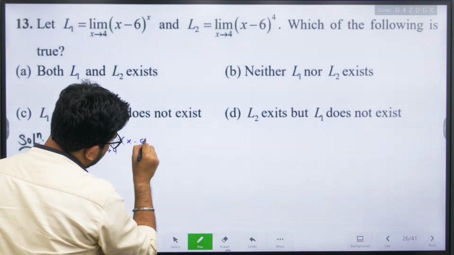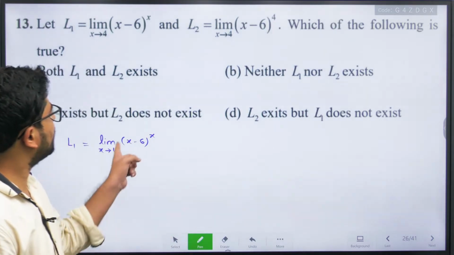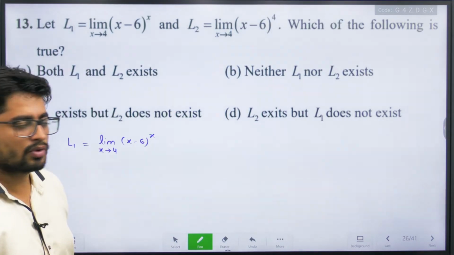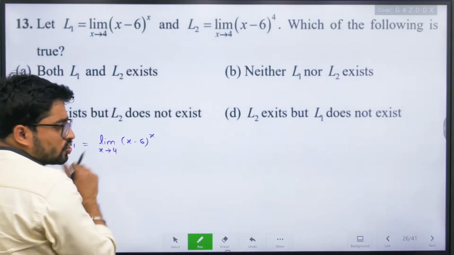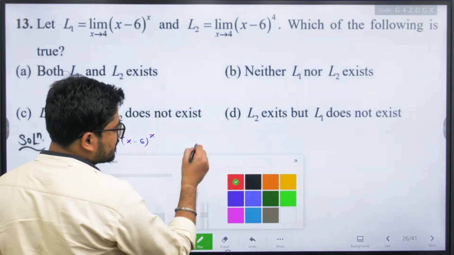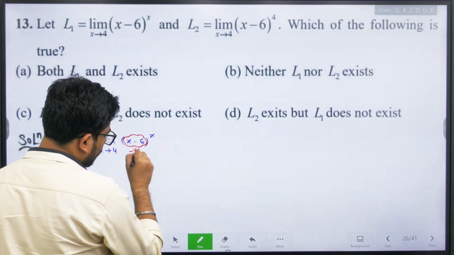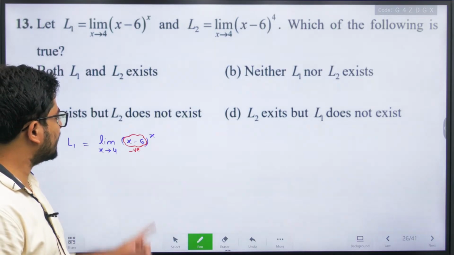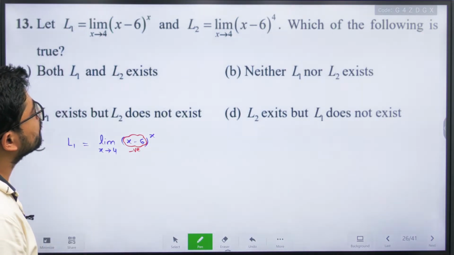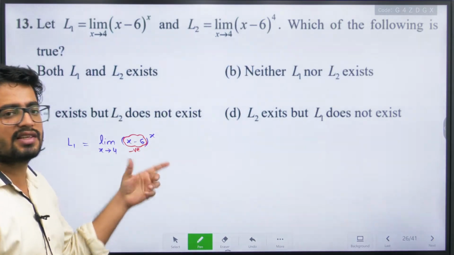Now if you observe, whenever x tends to 4, this base is negative. This thing tends to minus 2, since 4 minus 6 is minus 2.